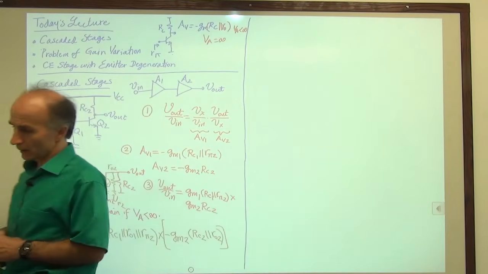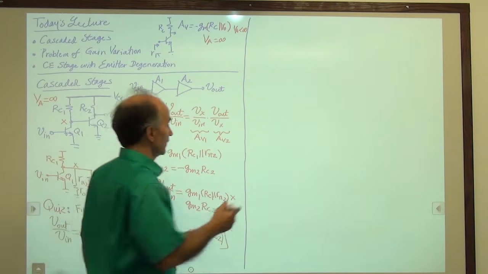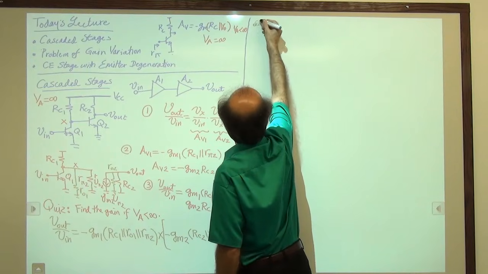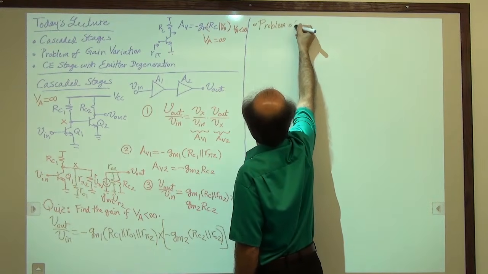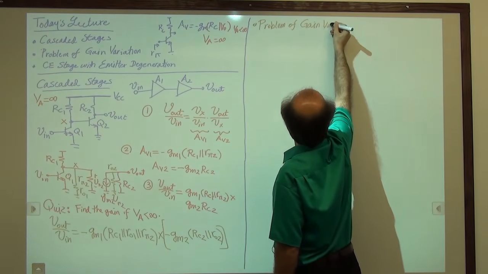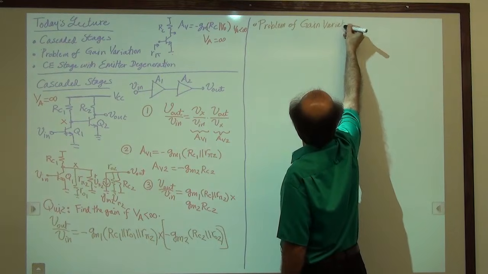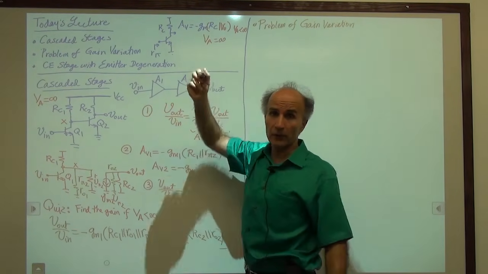All right, let's go to the next topic, the problem of gain variation. So as we know, the gain of a simple common emitter stage is given by minus GM times, for example, this, right? If you want to include early effect and so on.